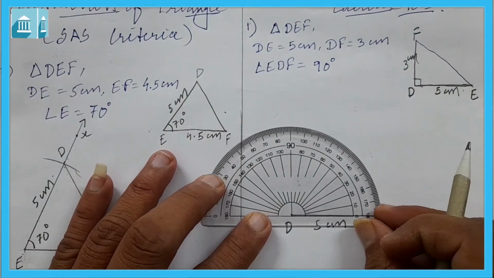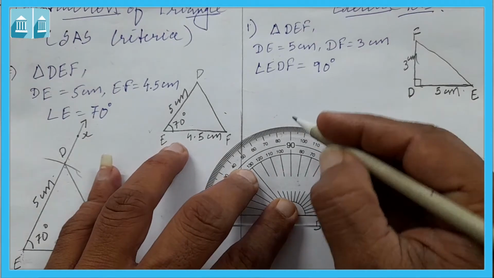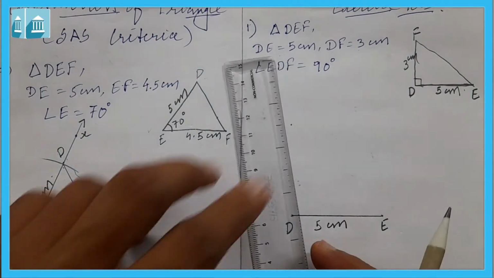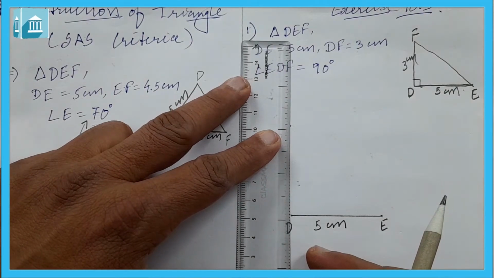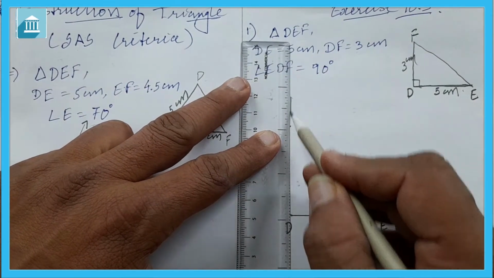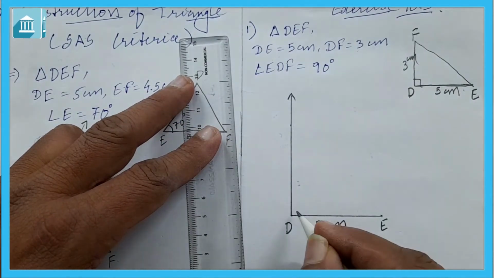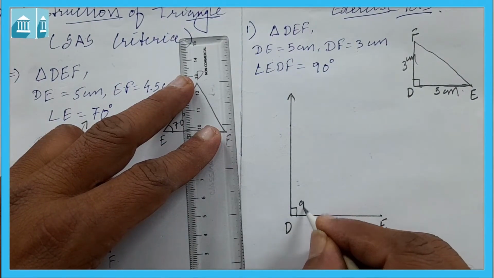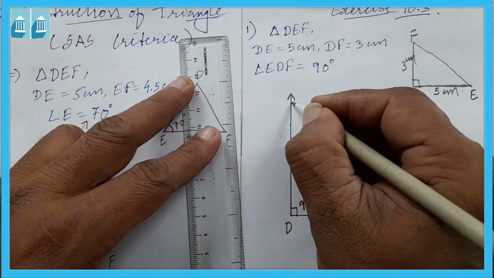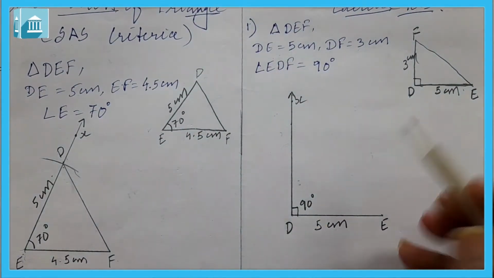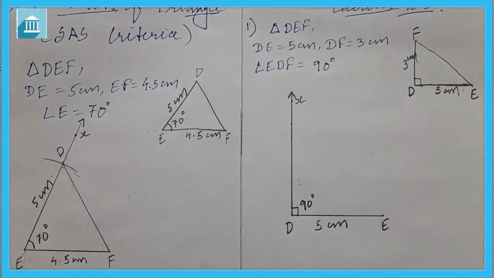So from here we have to draw one ray like this, 90 degree EDX. Now it is again given that DF is 3 centimeter.